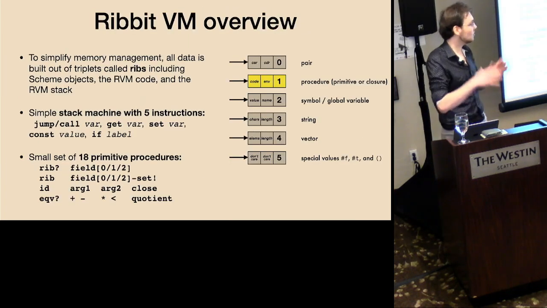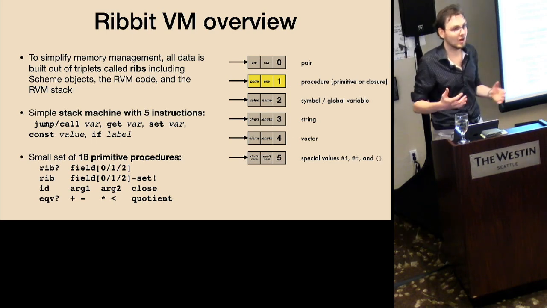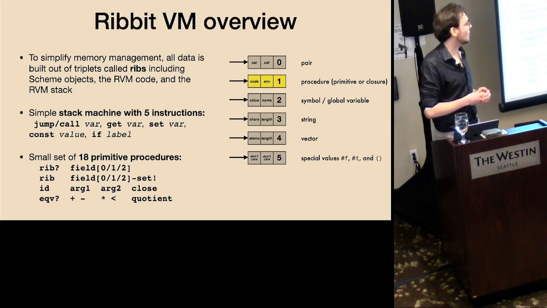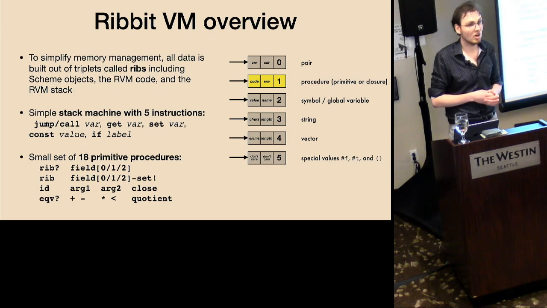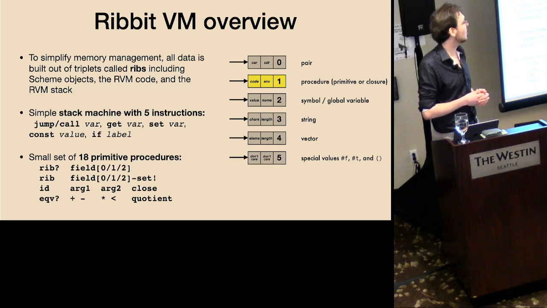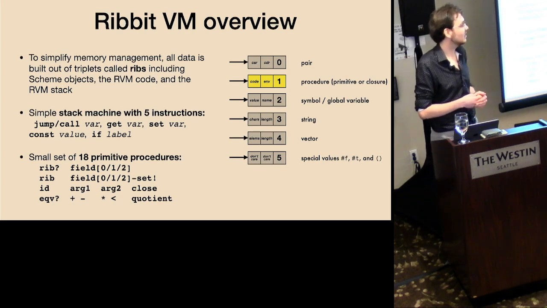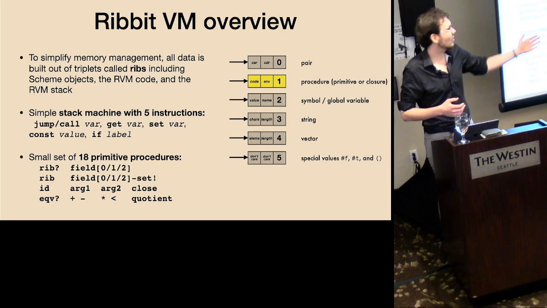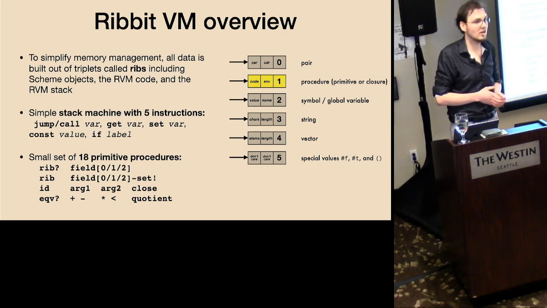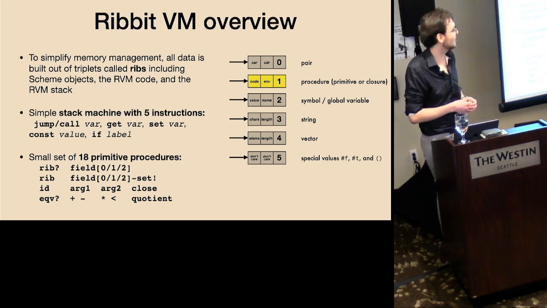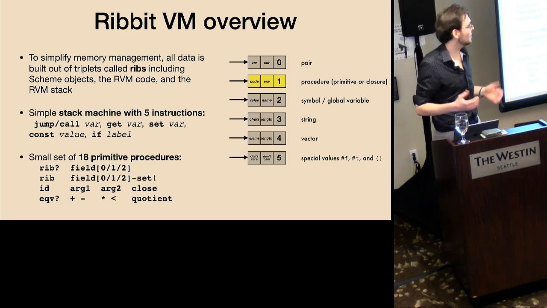Now we'll do a little overview of the code graph that we saw earlier. In Ribbit, everything is ribs. Ribs are a three-field vector that can contain either instructions or values. Here on the left, you have a few examples of values that are contained in ribs.